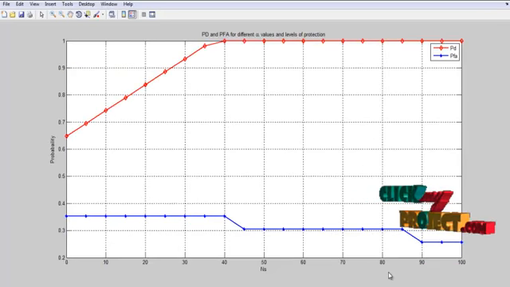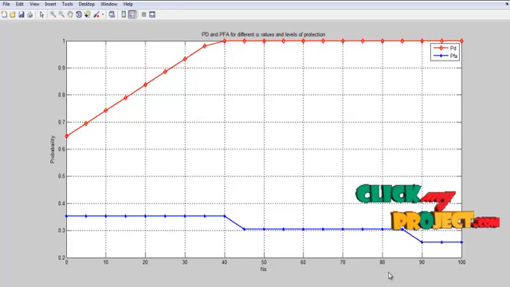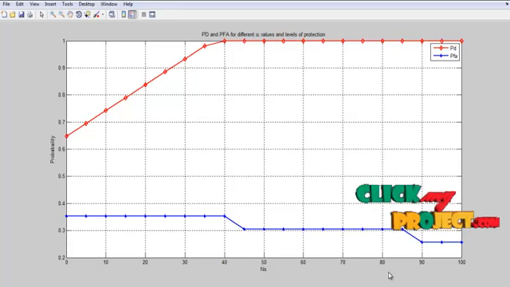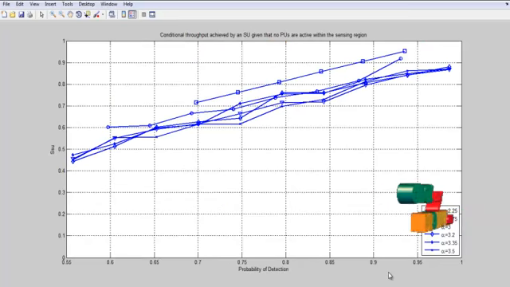The next graph is plotted for the different alpha values and different levels of protection. The probability of detection increases and saturates to 1 after the number of samples reaches 40, and the probability of false alarm goes down to 0 as the number of samples increases.